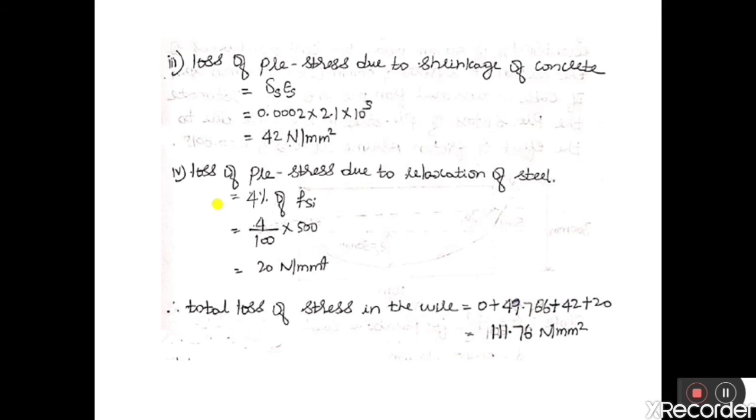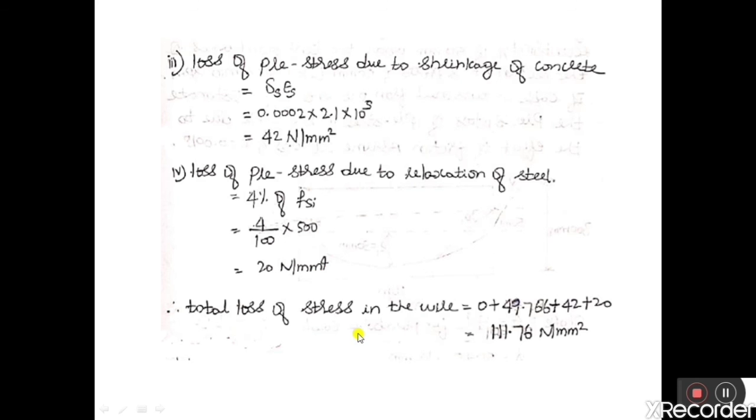In the question they have only given that the loss due to relaxation of steel is 4% of initial prestress, so 4% of fsi. So 4 by 100 into 500, the initial prestress. Therefore, loss due to relaxation of steel is 20 Newton per mm square.